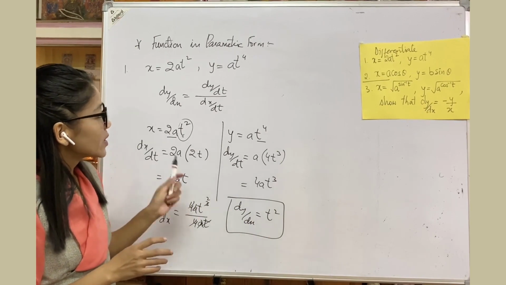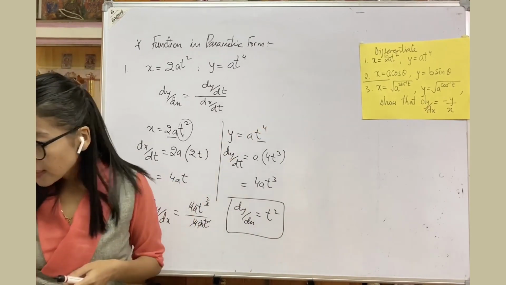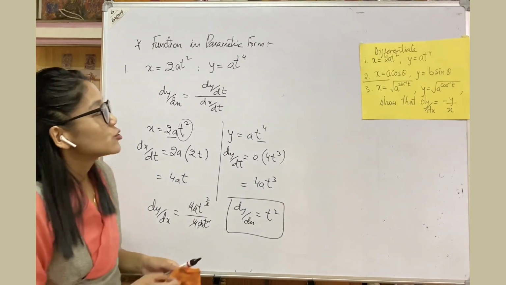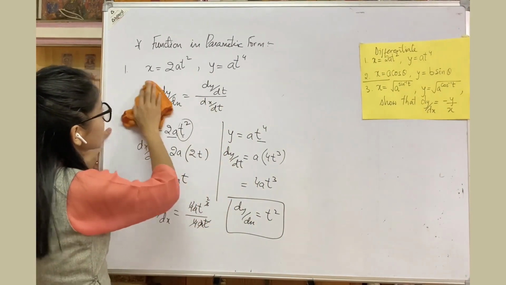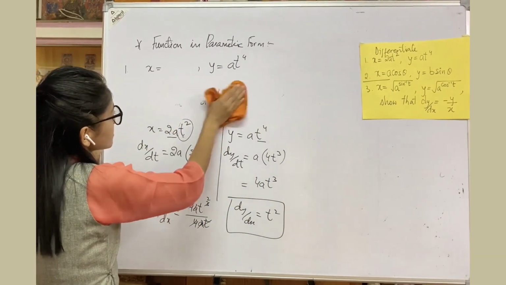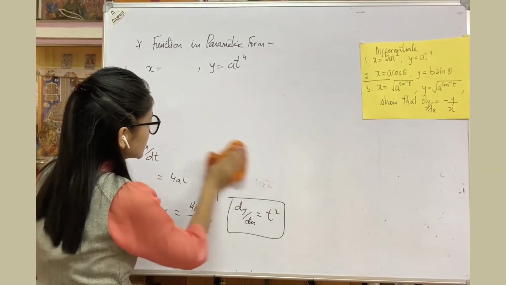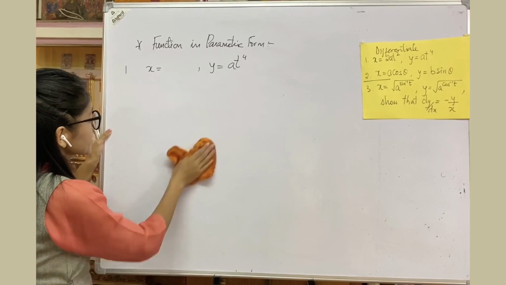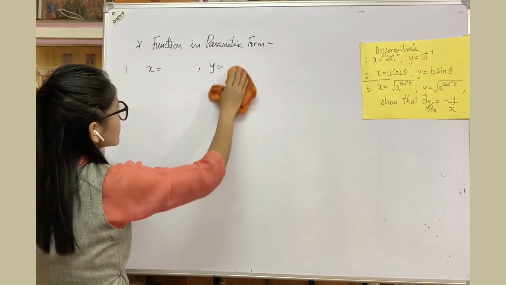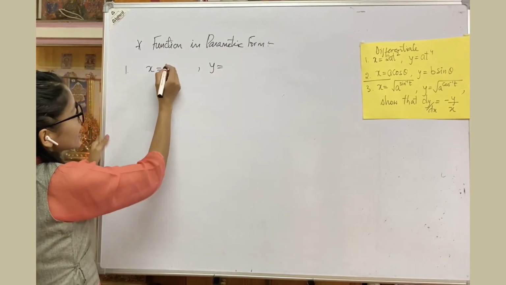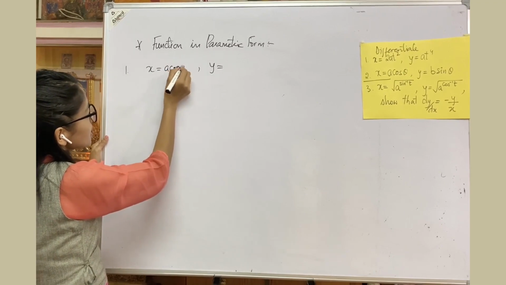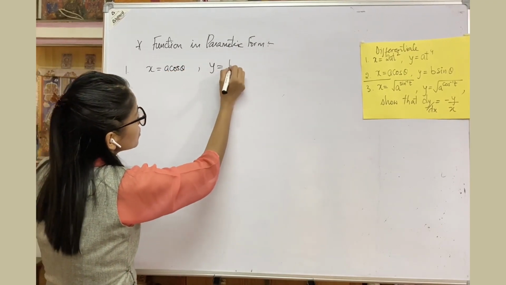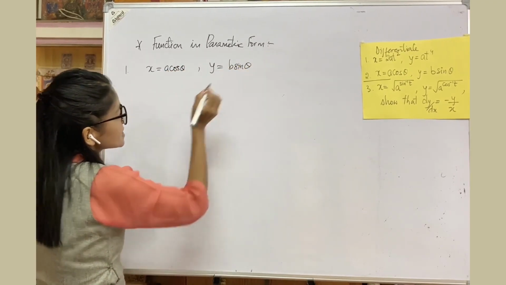Now it's quite simple. Now we'll take the second example. It is of the same type, so you try to do it along with me. We have x is equal to a cos theta and y is equal to b sin theta.